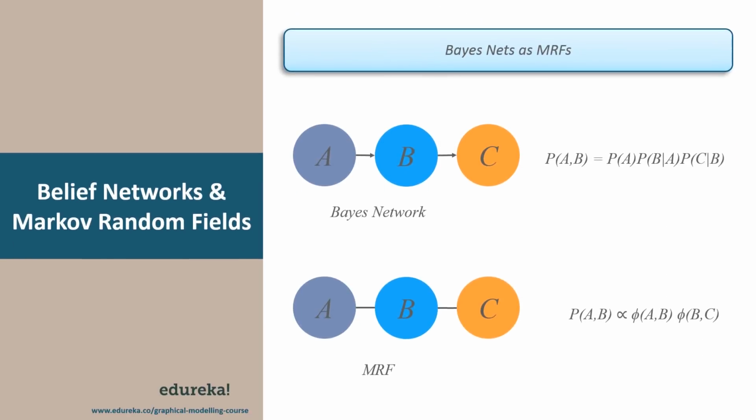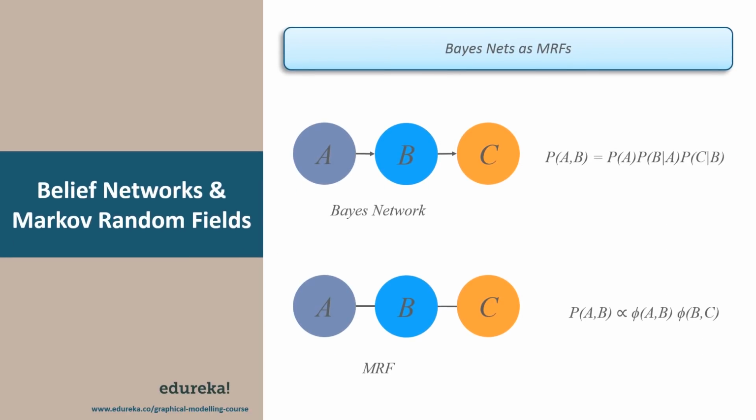Now let's consider a slightly more complicated scenario. Here we have a chain of variables linked through directed edges. Again, we use the same formula for Bayes nets, and the Markov random field looks something like this, where the potential functions are actually edge cliques, one for each. If we look at it carefully, can we fit the downstairs equation and express it like the upstairs equation?